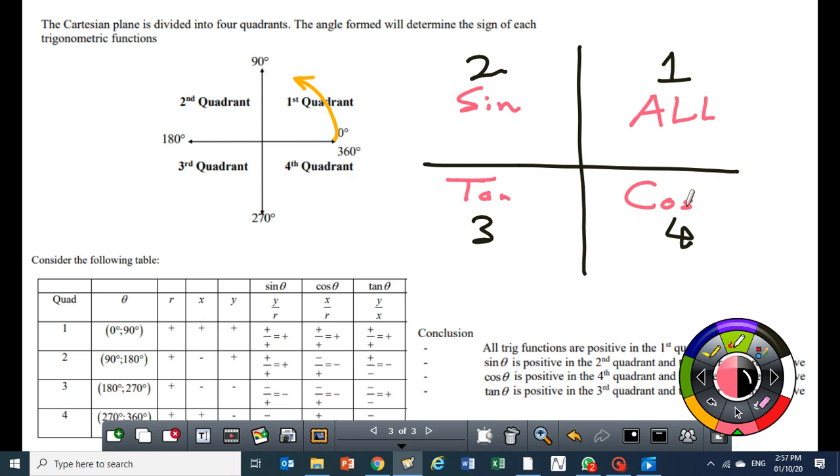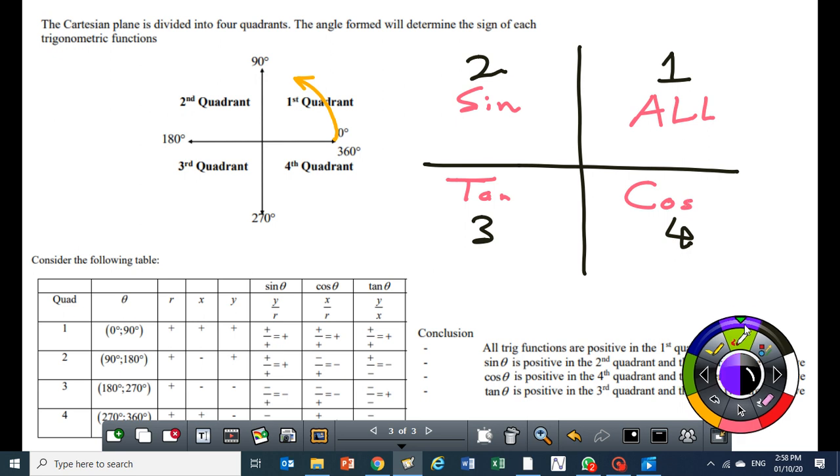Then in the fourth quadrant, let's choose, say, 300. Cos 300 is positive. Check that. Yes, it's positive. Sine 300 is negative. And tan 300 is what? Negative.